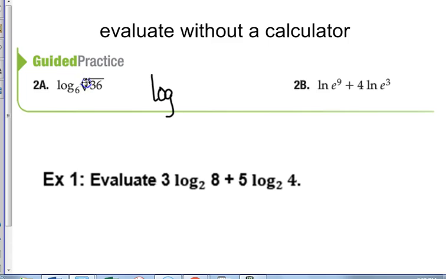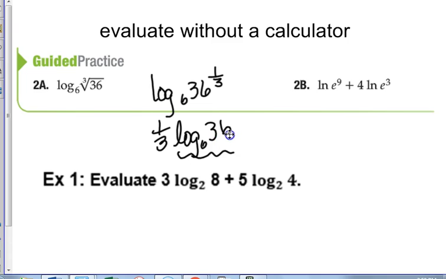What does the cubed root mean? Okay. And what can we do with that? What did we just learn we could do with that 1/3? Now, this is the part that I would ask on a quiz. This means 6 to what power is 36? 6 to what power is 36? 2.